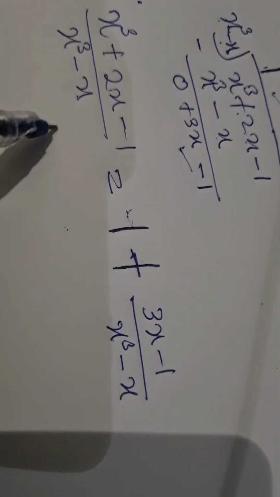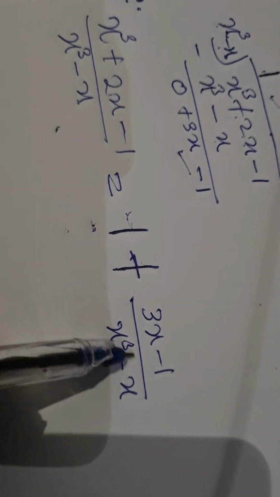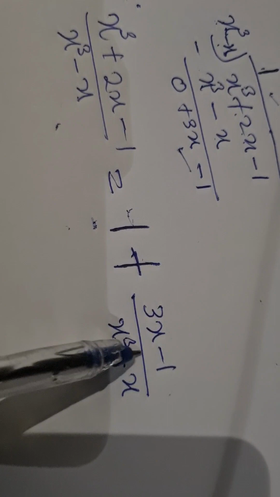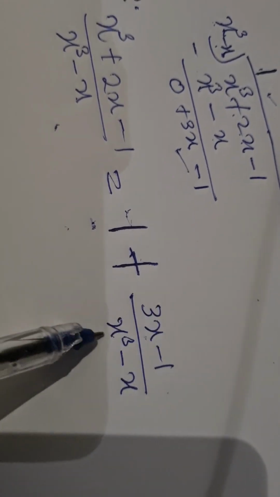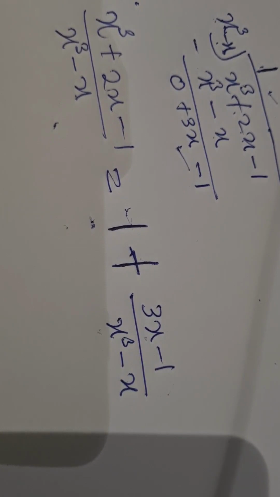So we have converted this into the sum of a quotient and a proper fraction. If you notice, the degree of x in the numerator is 1, the degree of x in the denominator is 3. So the numerator is lower, so it's a proper fraction.